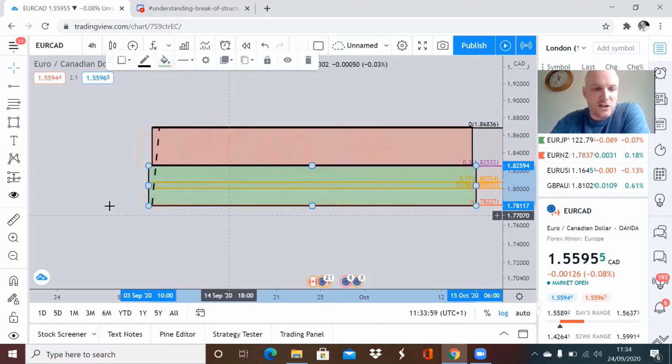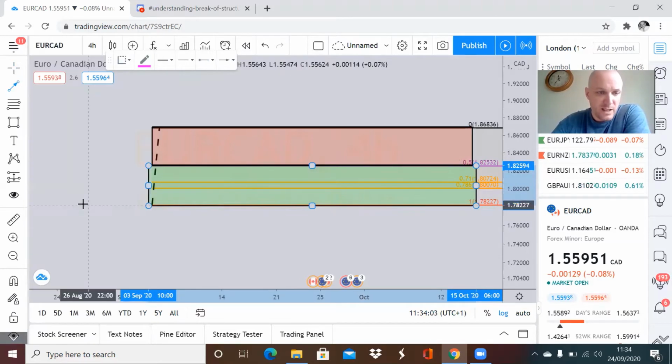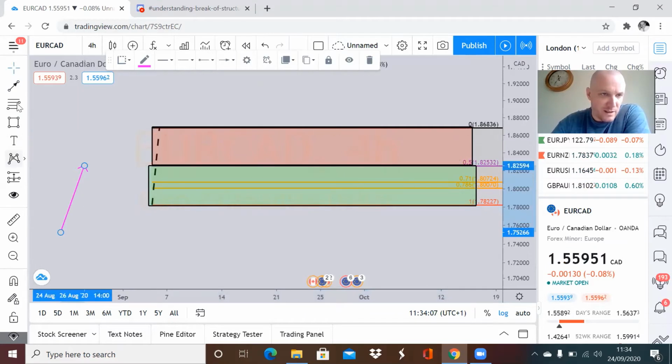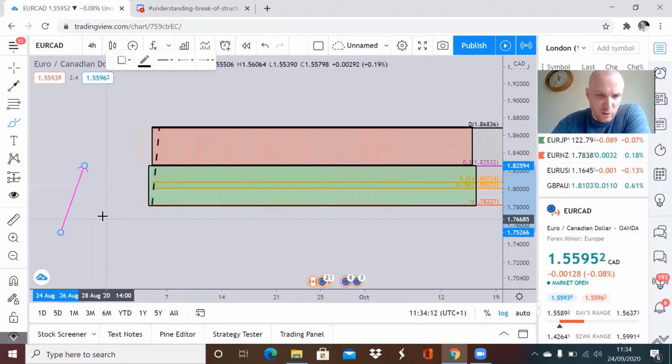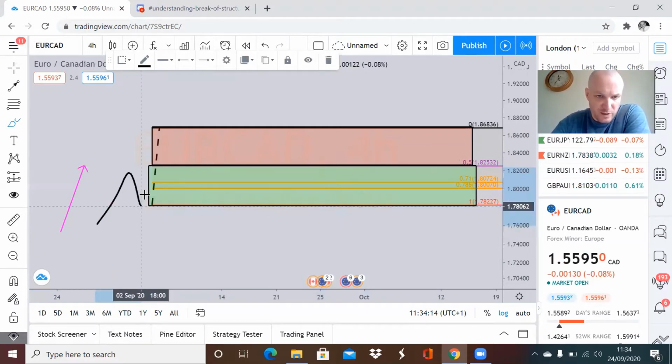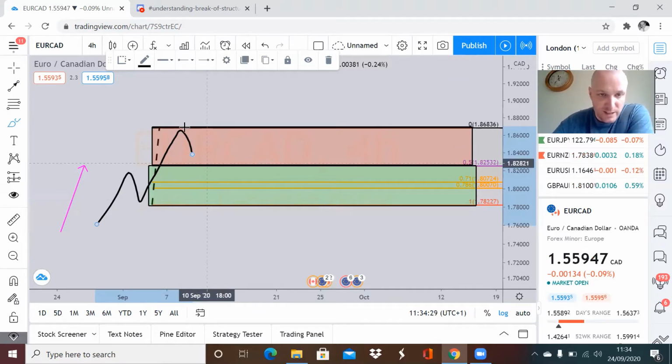Now, there's two ways you can look at how a Fib retracement works. Price moves up and moves down. As we move up and we get the retracement coming down, what you'll find is we are drawing from a swing low to a swing high.